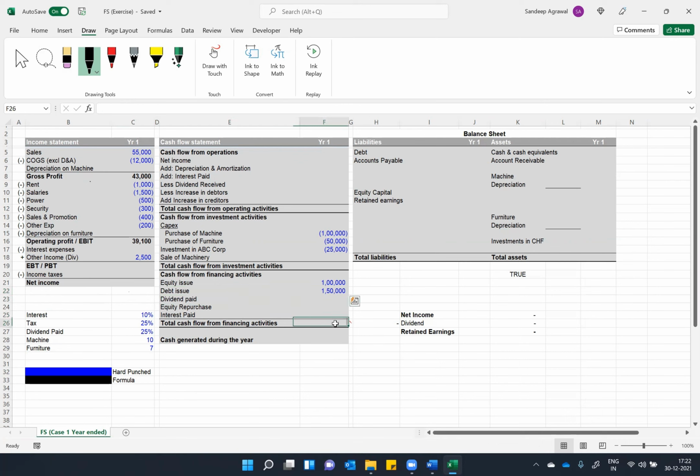So firstly, we will put a sum formula to check what is the investing and financing activity, and what is this. Since it's blank, I would still put a formula here.